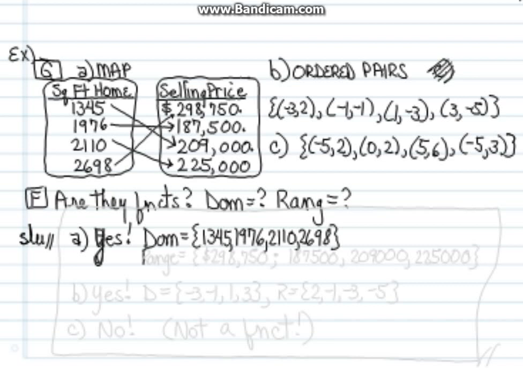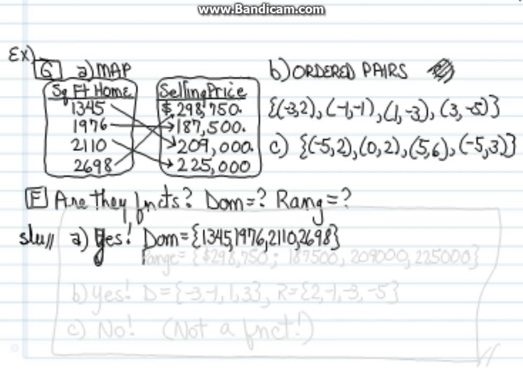The reason I know it's a function is because every x is teamed up faithfully with only one y partner. In other words, the x's are faithful. We're not checking the y's. We only want to make sure the x coordinates only have one y partner. And that is indeed the case in this picture. If it were not the case, you would see more than one arrow emanating from the square footage.